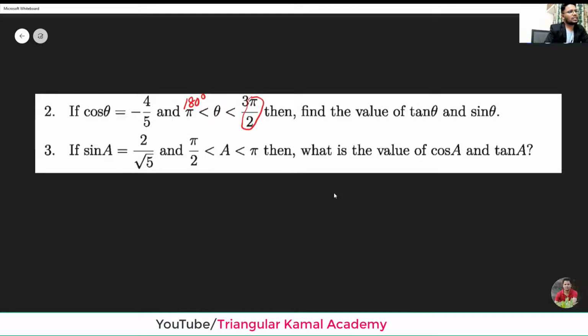That means theta is smaller than 270, but greater than 180. So if we think like this is the quadrant system, 180, 270, 360. So theta is smaller than 270, but theta is greater than 180.